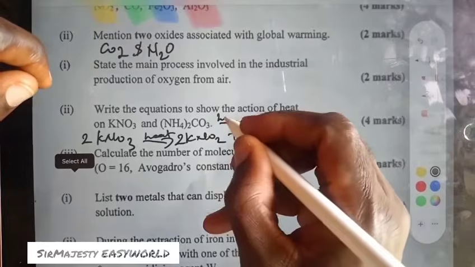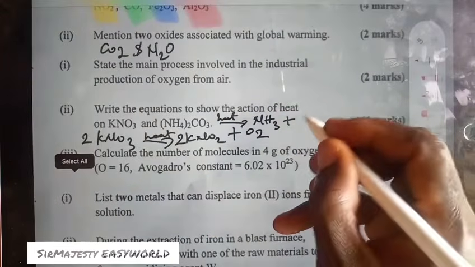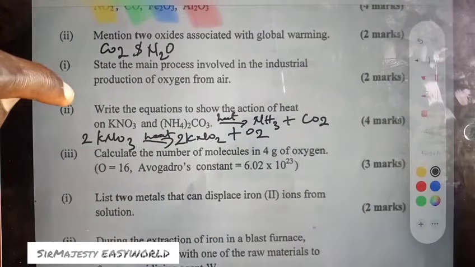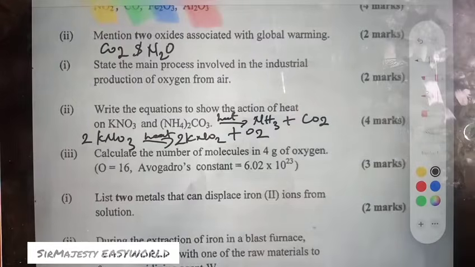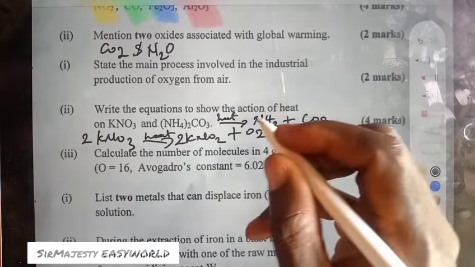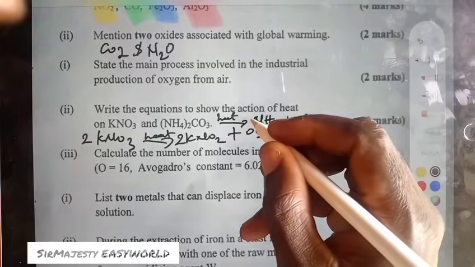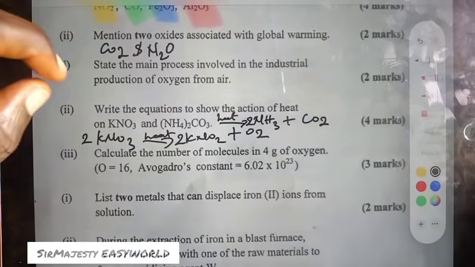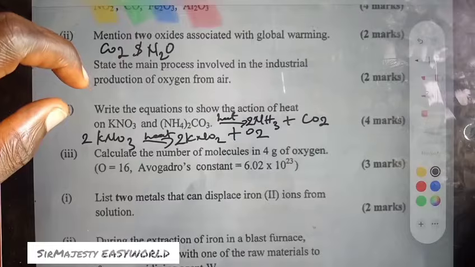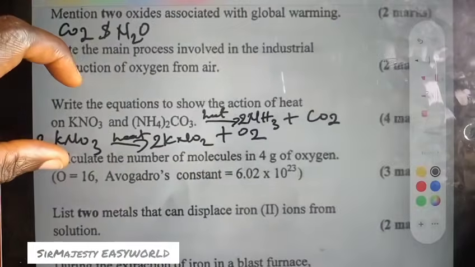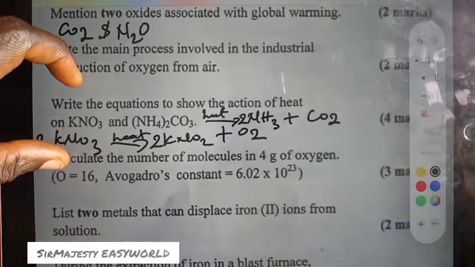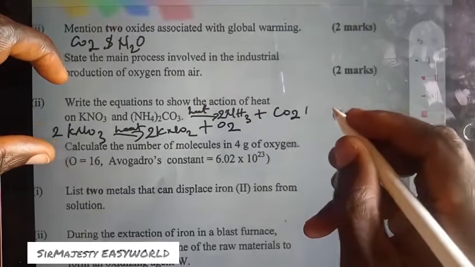But ammonium carbonate, action of heat on it gives you ammonia and carbon(IV) oxide. The product, when you heat this, gives you NH3 plus CO2. So balancing the equation where necessary, this should be 2 because of the nitrogen there. But what we do now to balance the hydrogen, water is formed along the process. That makes it possible.